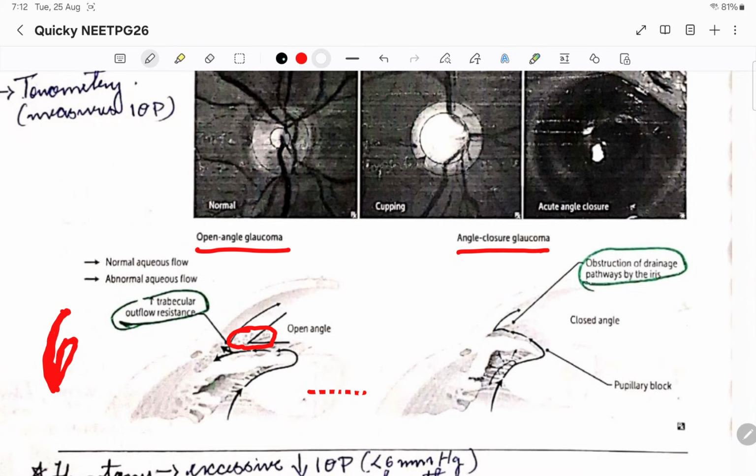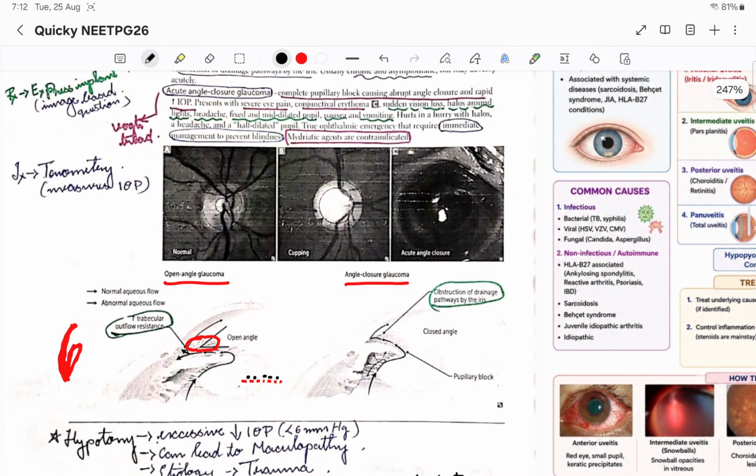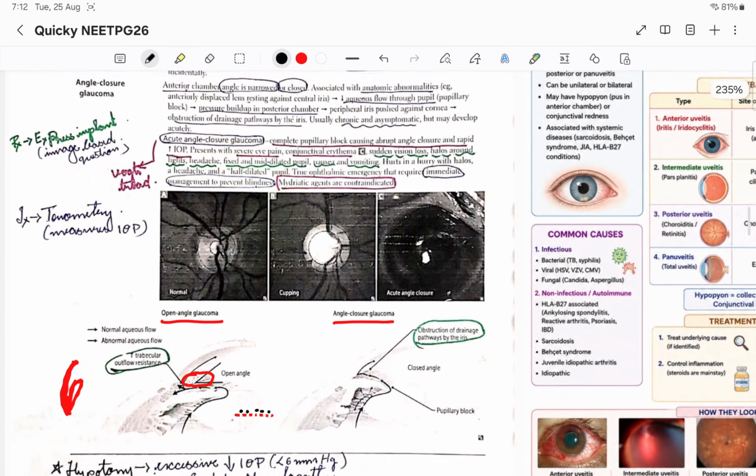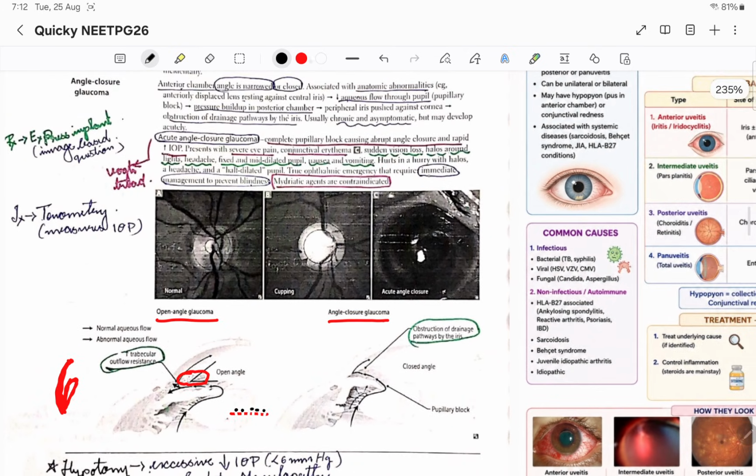If there is blockage of this mesh, there won't be flow of aqueous humor, and that is how glaucoma would happen. So this is the main pathogenesis difference between open angle glaucoma and angle closure glaucoma. It is because of the angle that is closed in angle closure glaucoma.